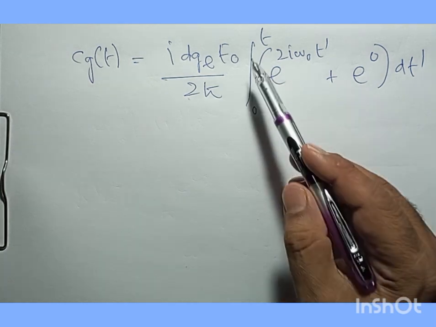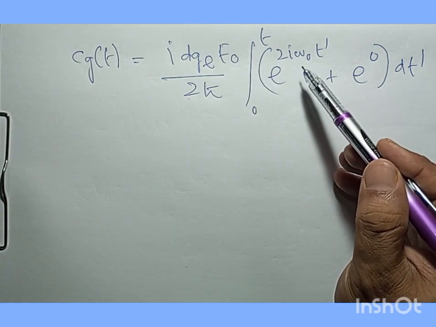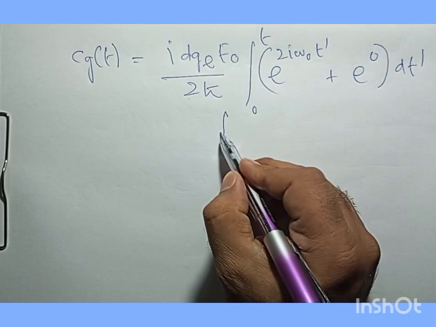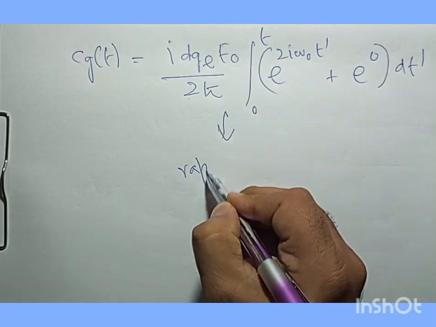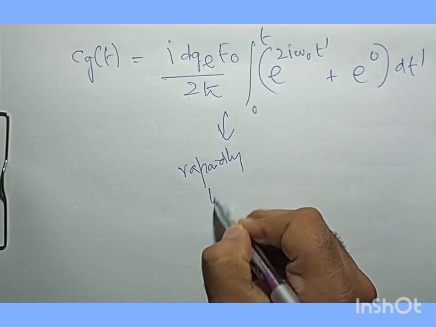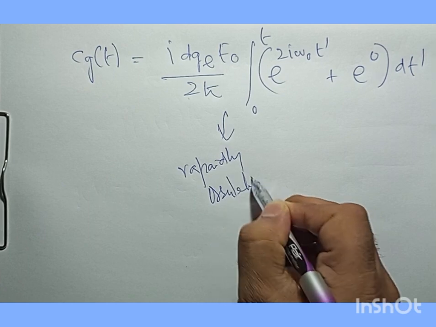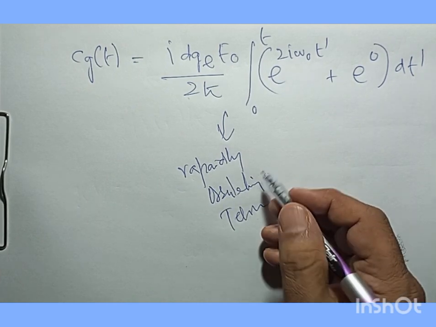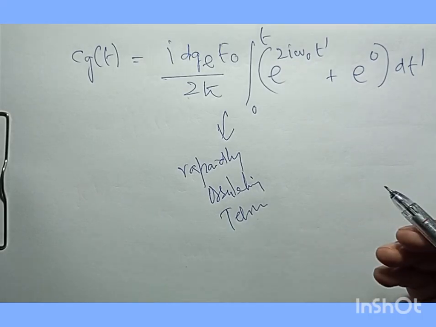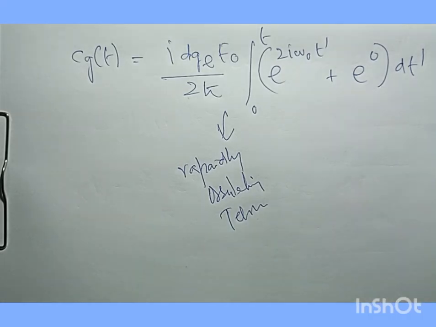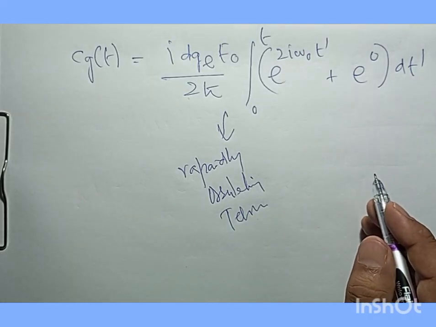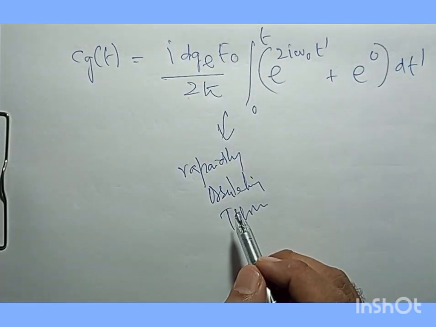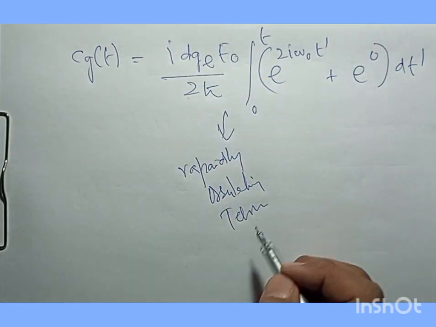The first integral corresponds to the rapidly oscillating term, which we expect to average out over time. This will average out to 0 over time. And the second term, this term times 1, corresponds to a constant term.